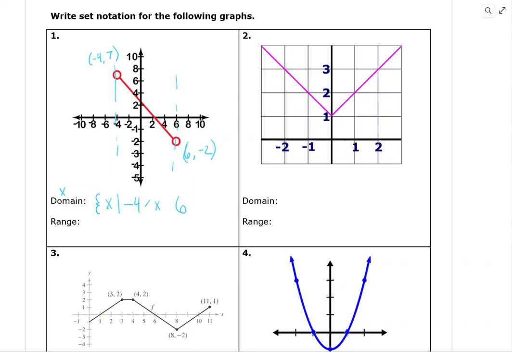So -4 is the smallest, so our smaller side of our inequality sign will touch it. So -4 is less than x, and is less than 6. So again, we could say this is x such that x is greater than -4, but less than 6.